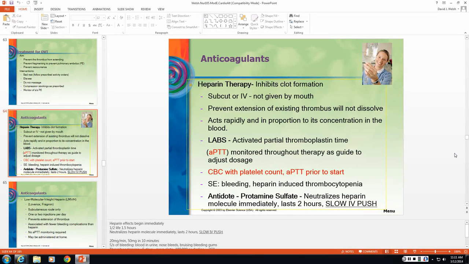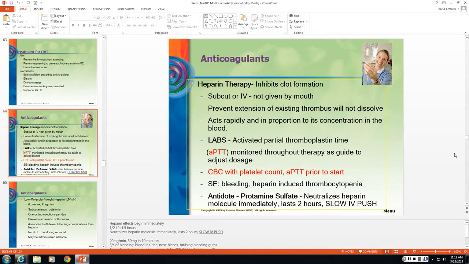This is going to be monitored throughout the therapy as a guide to adjust the dosage of the heparin that they're getting. And usually every hospital has a heparin protocol that they go by. You're also going to check a CBC, so you want to check their platelet count. You're also going to get the APTT prior to starting.